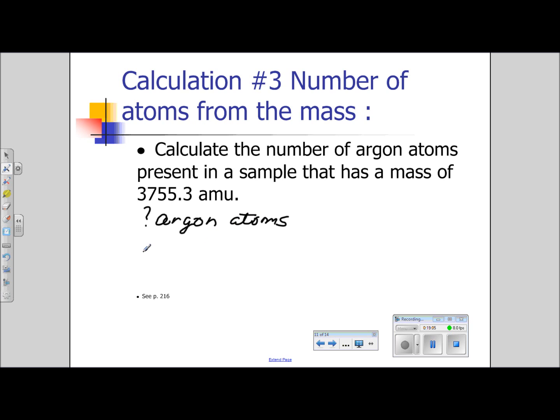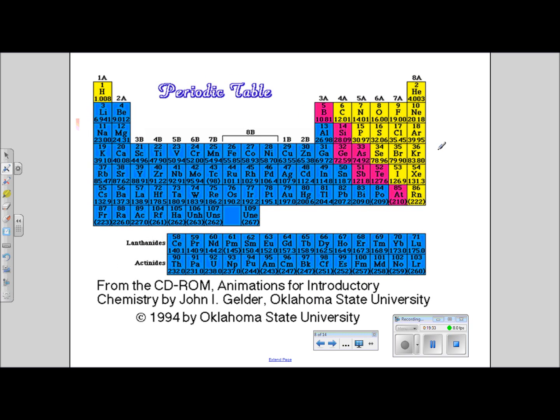And we know that we are given 3,755.3 AMUs. We know that we're going to find the conversion in the periodic table. So we look for argon, and we know that on the periodic table it says that the mass of one atom of argon is equal to 39.95 AMUs.